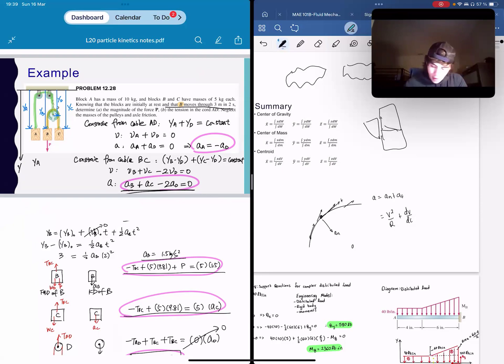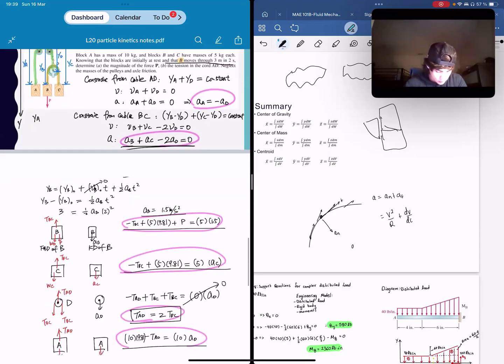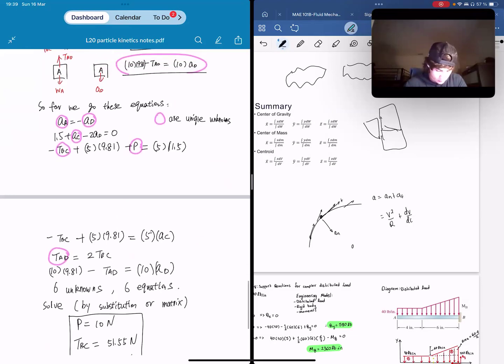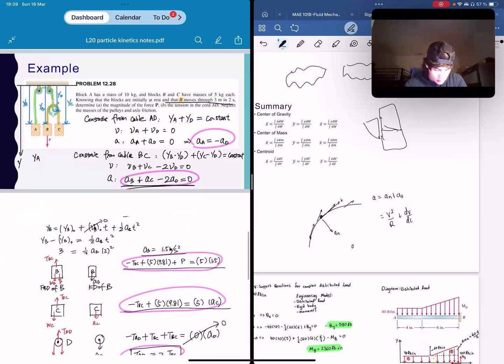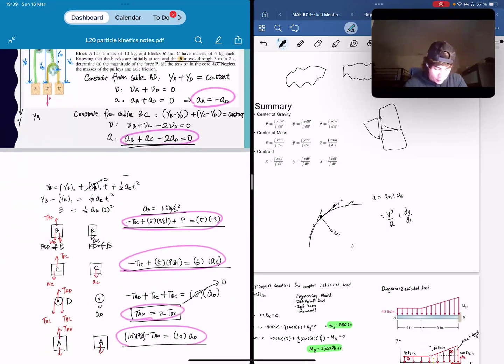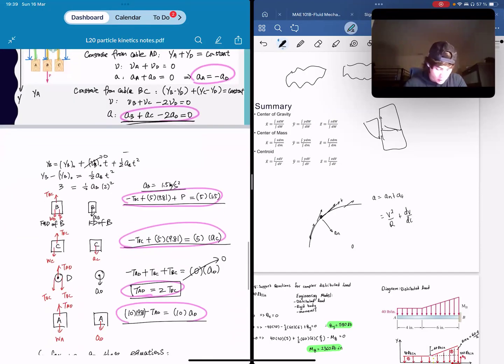So from the notes of this problem, since it was initially at rest, I guess that's 0. But yeah, this is a kinetic problem. As we see, the professor drew the FBD for each block, and drew the kinetic diagram for each block.